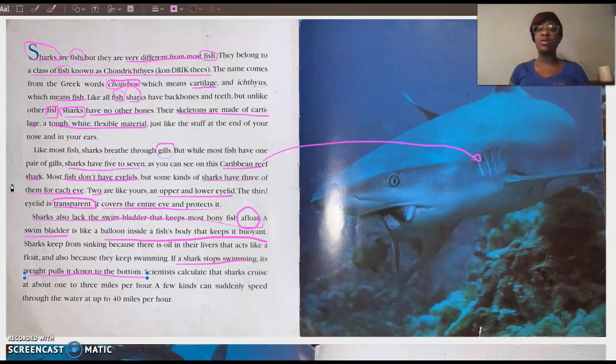Wow. So what is a good title for this section? Because we learned a lot of information in each of these paragraphs. What is a good title for this section? I really want you to think about it. I'll give you about a minute and then we're going to write it, okay?